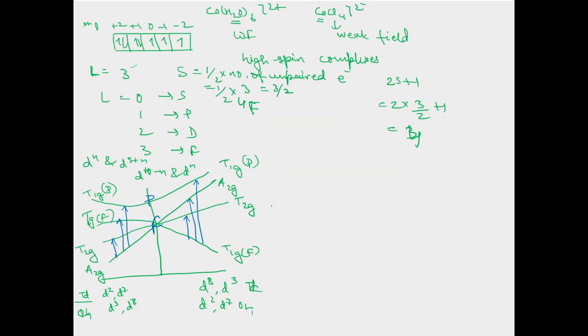So here we know that both the systems are d7, where Co(H2O)6 is an octahedral complex, whereas CoCl4 2- is a tetrahedral complex.